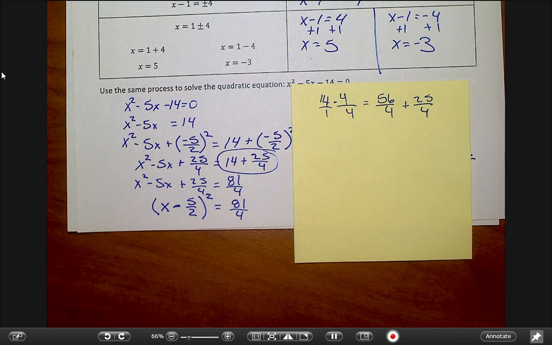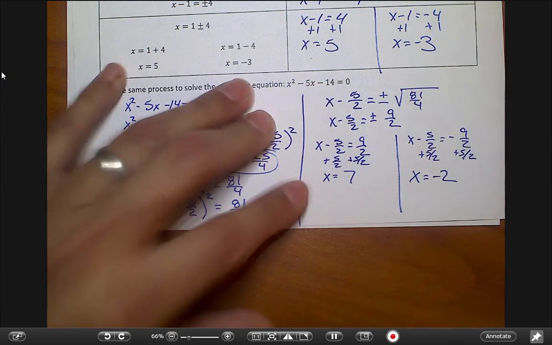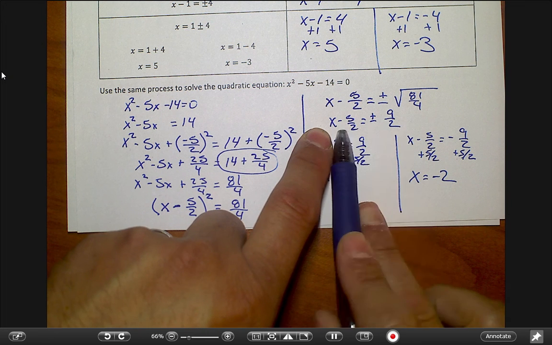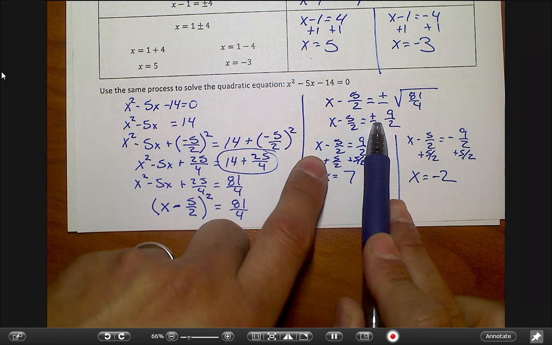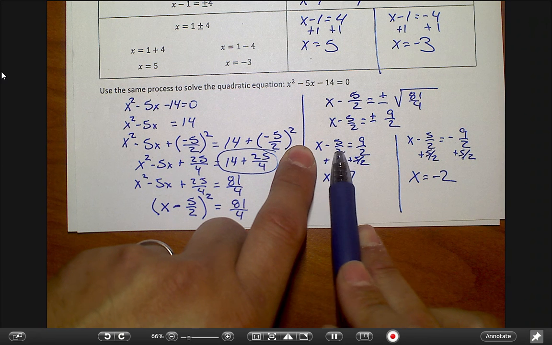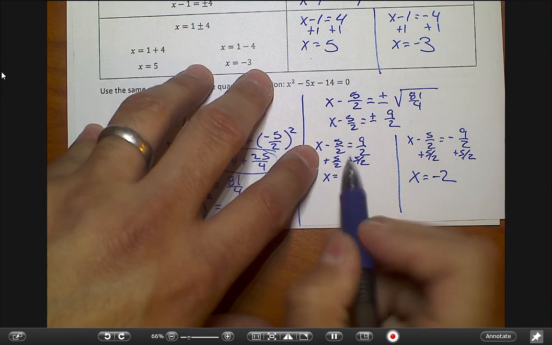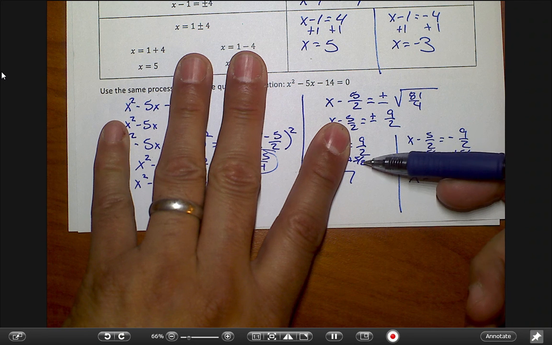How did you get the final answer for x equals? Okay. Are you okay to this point right here? Okay, so now, since it's plus or minus, I'm separating it into these two. Yeah, the negative and the positive, right? So when I add 5 over 2 to both sides, so that's positive and that's positive, right?